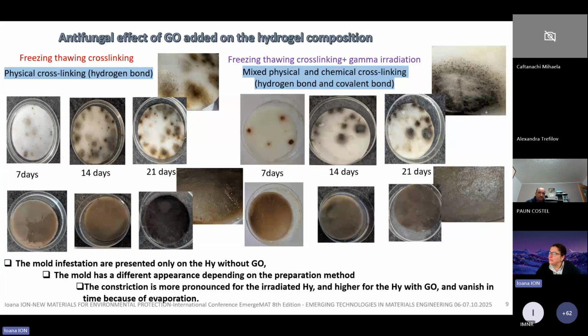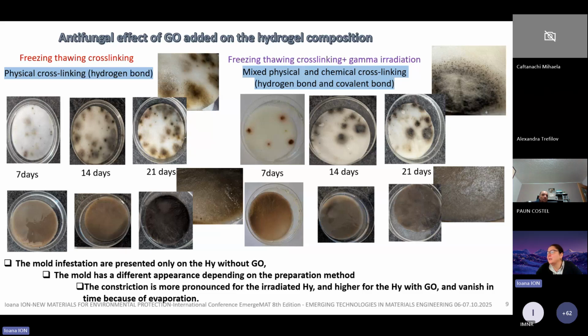And the infestation looks different in function of the hydrogel obtaining method. The mold infestation is presented only on the hydrogel without graphene oxide. At the base of the picture, the brown color ones are the hydrogel with graphene oxide.